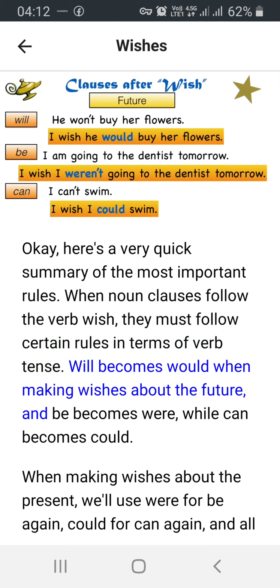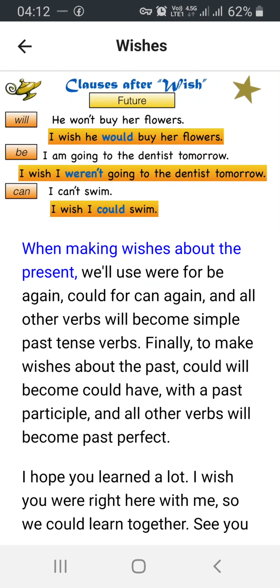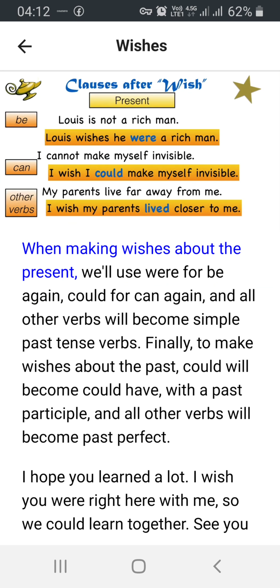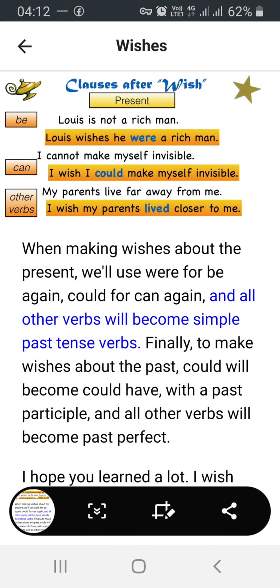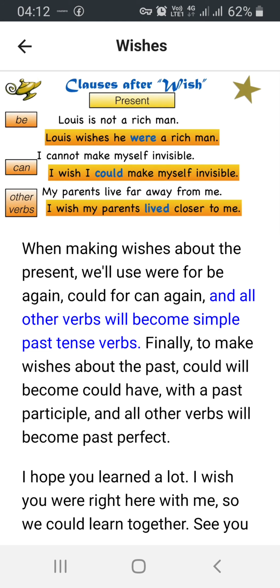Will becomes would when making wishes about the future, and be becomes were, while can becomes could. When making wishes about the present, we'll use were and all other verbs will become simple past tense verbs.